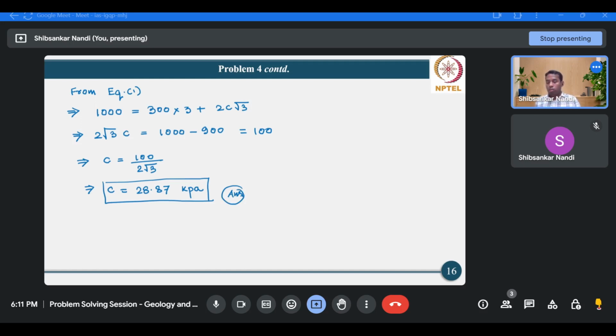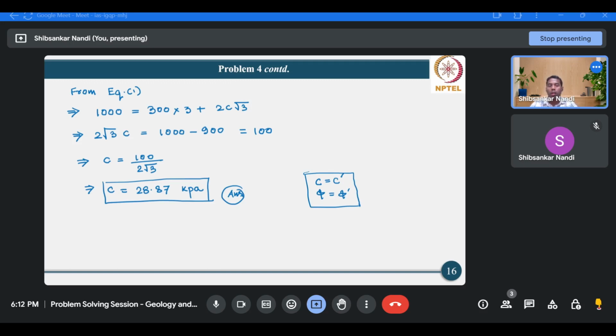So we can also write that C and C prime values would be the same. So instead of C and phi, we can also write C prime and phi prime, so it would be more appropriate, because prime indicates the drained condition, in terms of effective stress parameters.